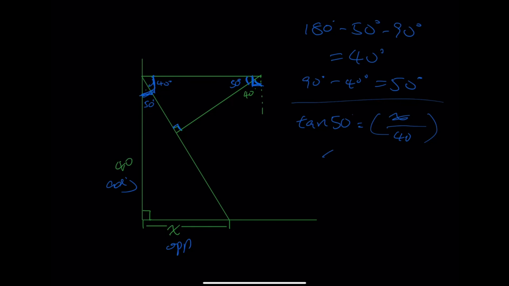So to get x, we will do tan 50 degrees times 40, and that will give us a result of 47.67, and that's our x.